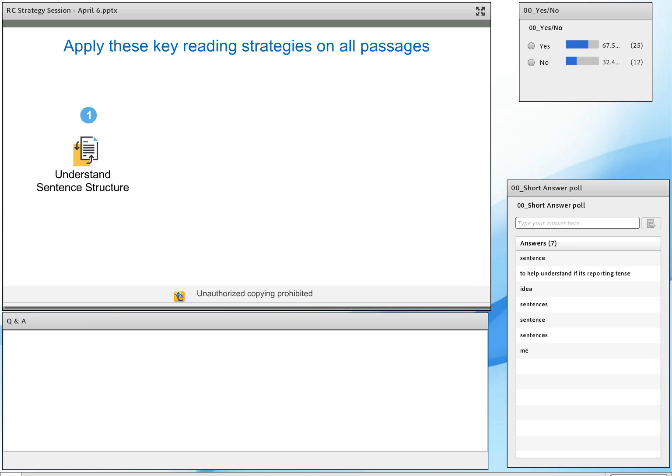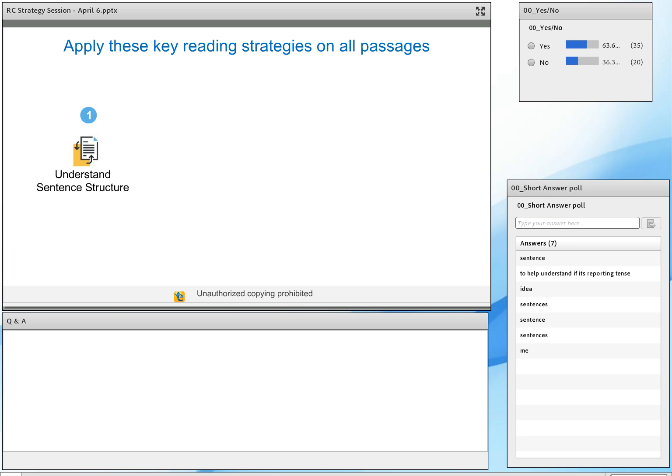In sentence correction, you see long sentences, and you have to break down those sentences in order to understand what the author intends to communicate. The same thing you need to apply in reading comprehension as well. In reading comprehension, yes, the smallest unit is a sentence.